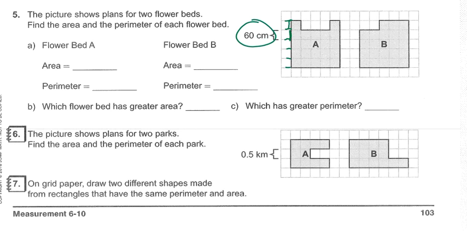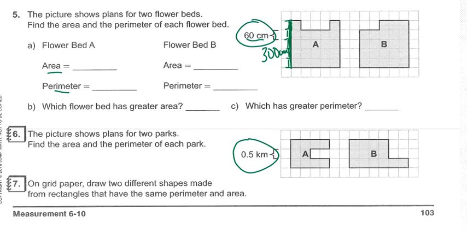Well, 60, 120, 180, 240, 300. So this length is 300 centimeters, just this side of it. Okay, so use that concept of each of those blocks as 60 centimeters to then find the area and the perimeter. So be very careful, that's going to be a bit challenging.